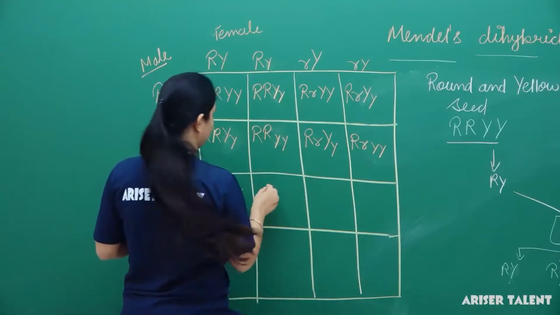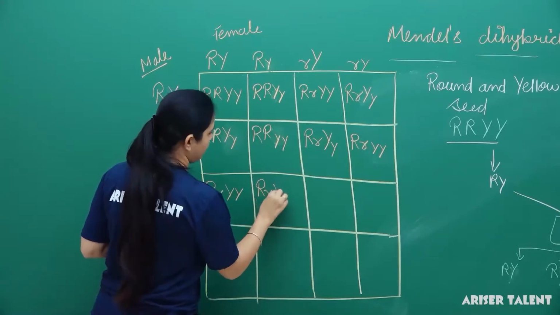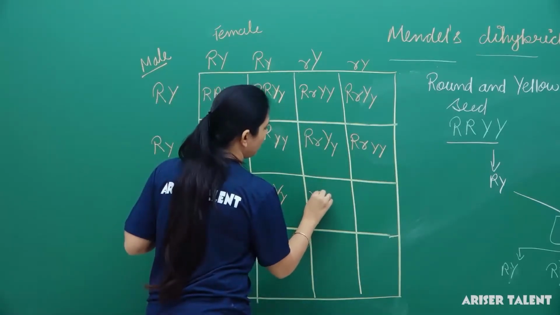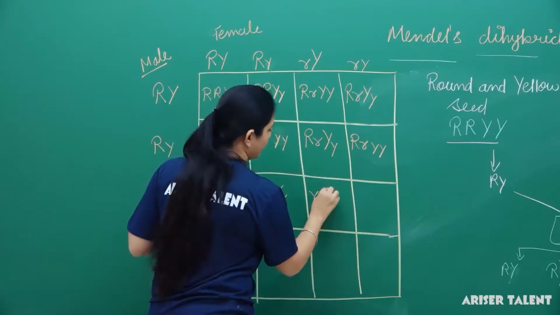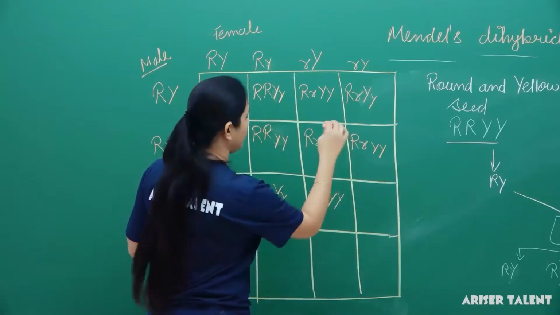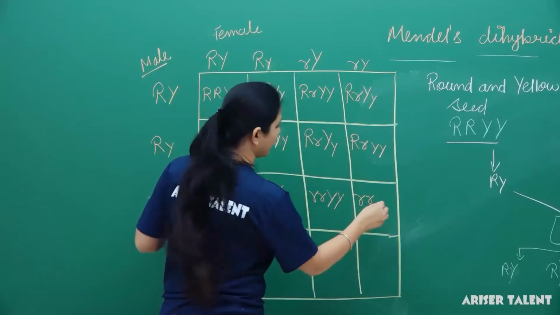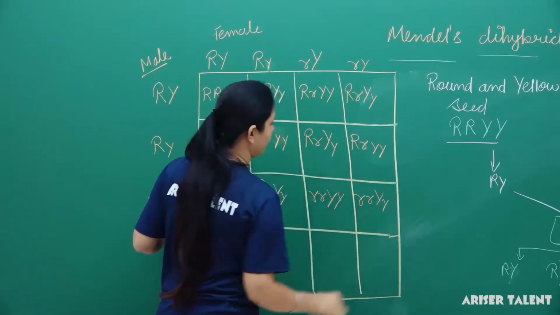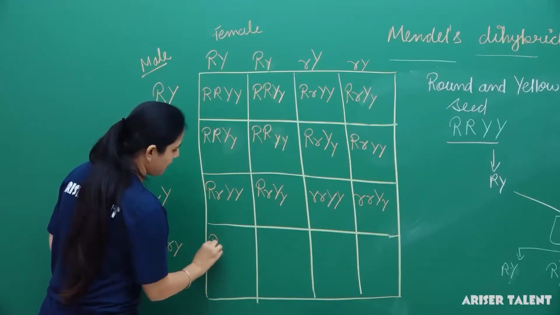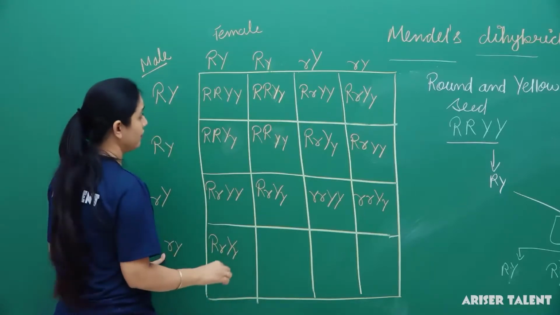Then again self-pollination, R, capital Y and small y. Then here small r, capital Y and capital Y. Then here again R, capital Y and small y. Again here capital R, capital Y, small y.